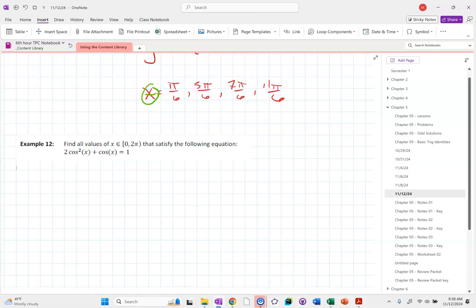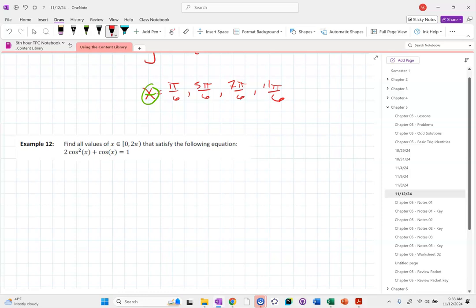What if I have something like this? So 2 cosine squared x plus cosine x plus 1, equals 1. What does this thing kind of remind you of? When you look at this equation, what does it kind of remind you of?